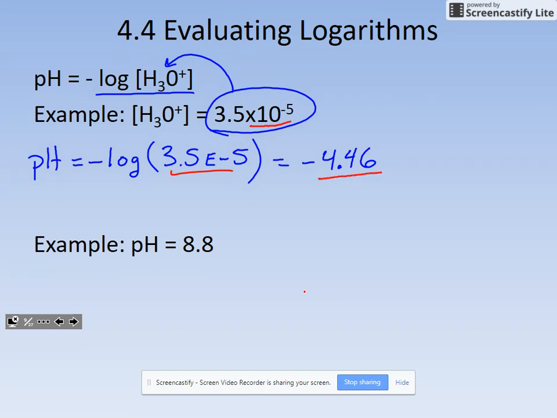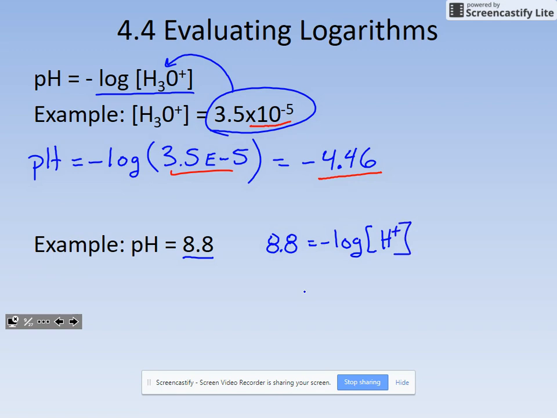Now let's try to do the problem backwards. Let's start off with being given the pH, and let's find the concentration of the hydrogen atoms. So we have 8.8 is equal to negative log of, and then here's the concentration of the hydrogen.